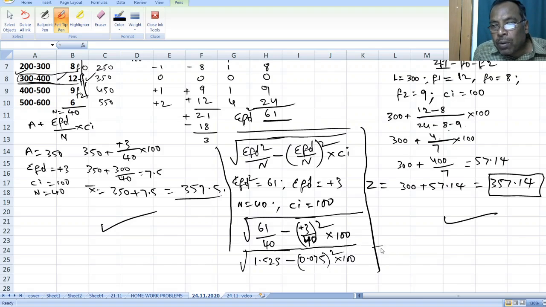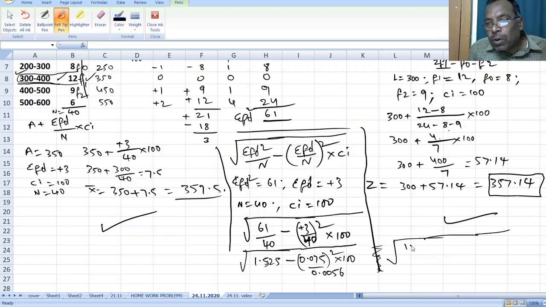Now you have to square 0.075. When you square this value, you get 0.0056. You have to subtract this from 1.525. Square root of 1.525 minus 0.0056, into 100.